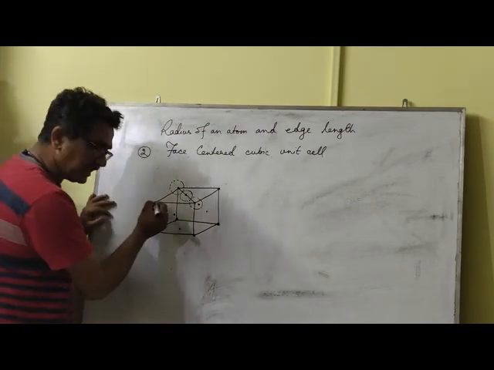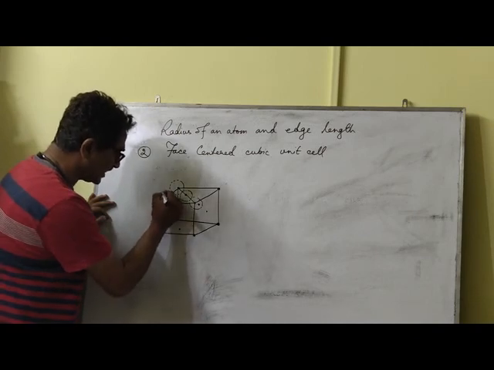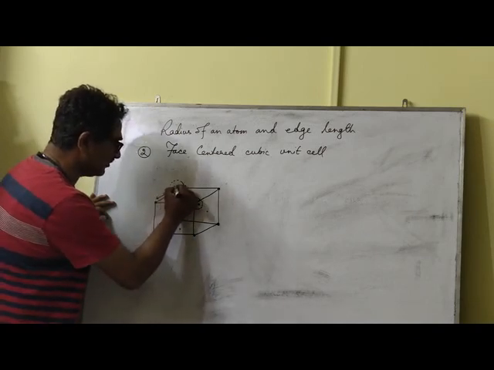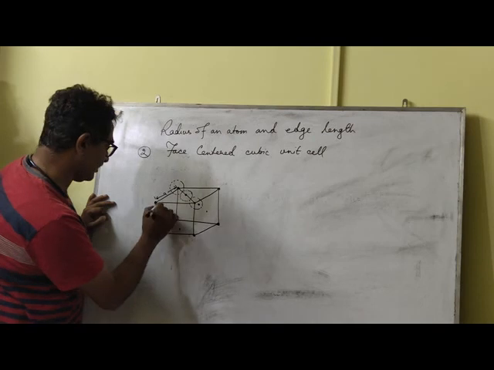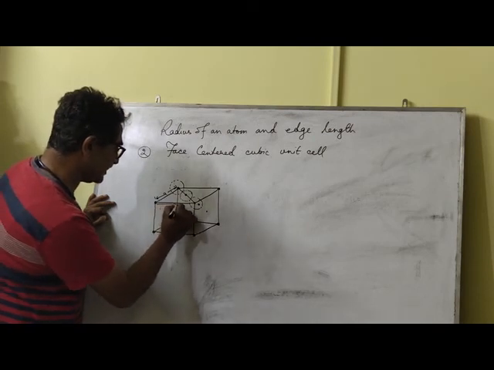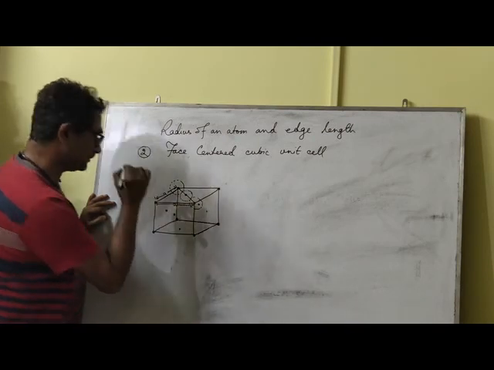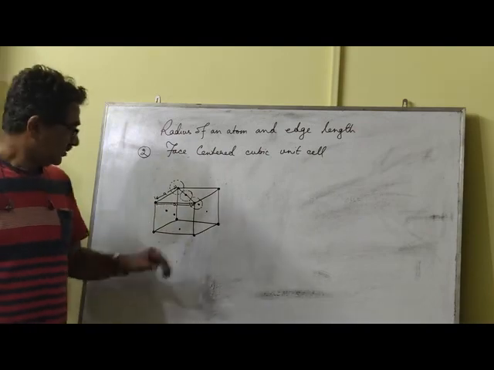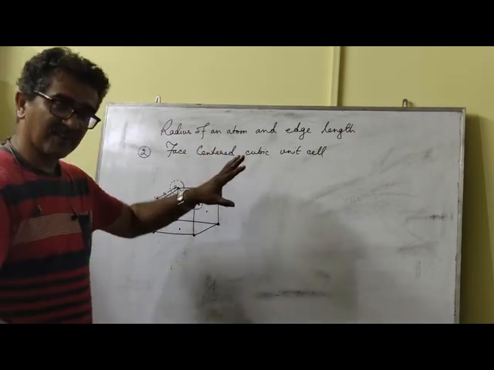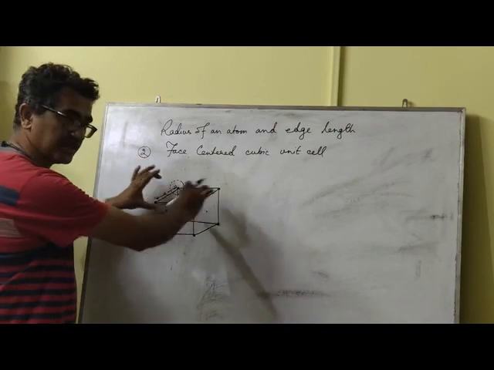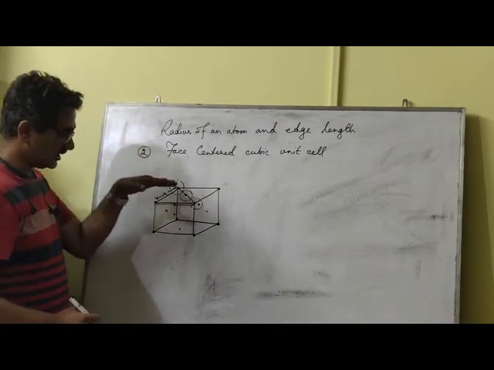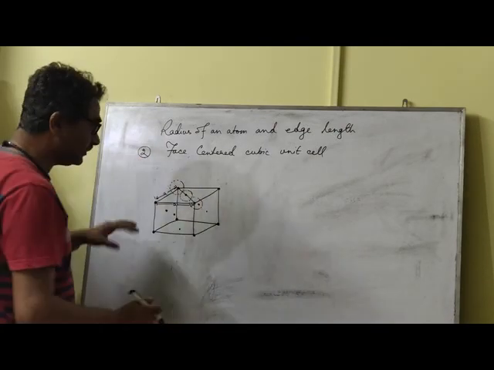And here the length of the edge is taken as a, obviously, just like before. Now, what we do is we make it flat. It is easier for us to understand. This particular top face, I am drawing it in 2 dimensions.